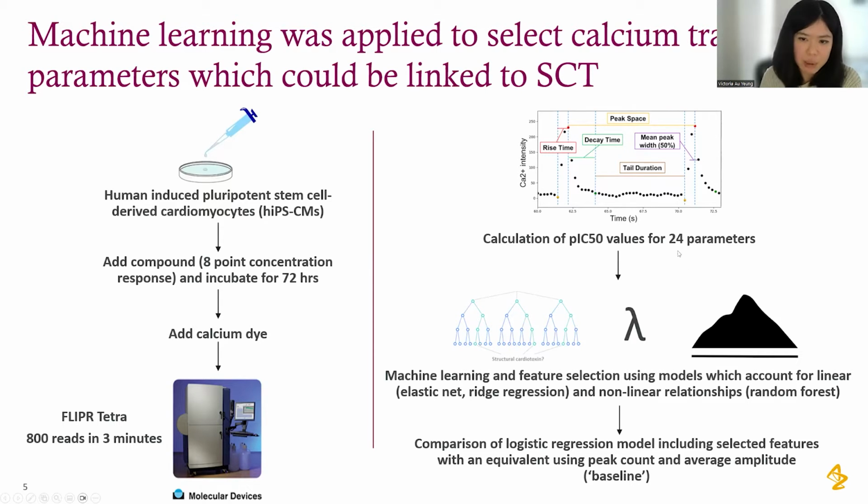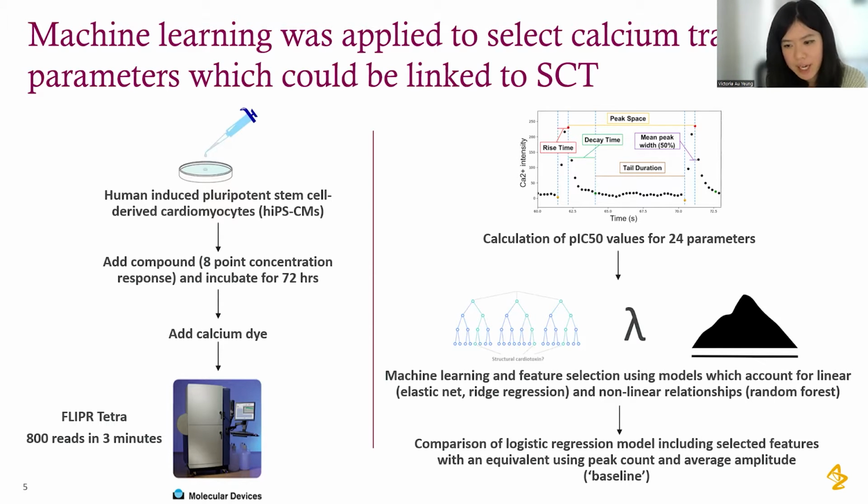But with this many parameters, we also need to whittle them down and see which of these are important for structural cardiotoxicity. So for this, we turn to machine learning methods as a way of selecting the features of interest. At first, we include all 24 parameters in our machine learning models, and we don't really know how these parameters might interact with each other and with structural cardiotoxicity.